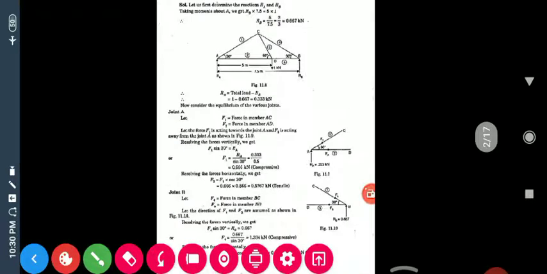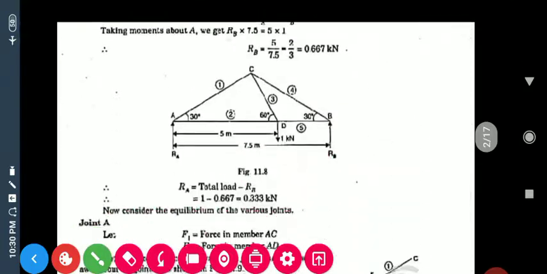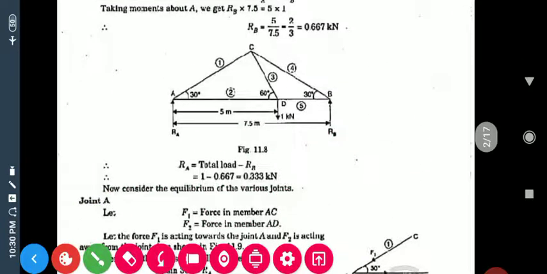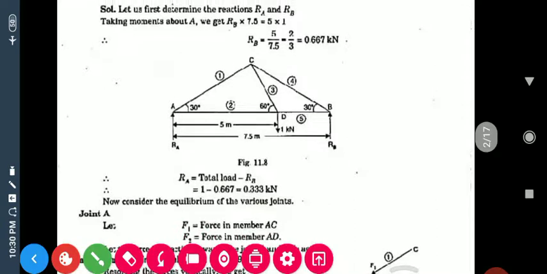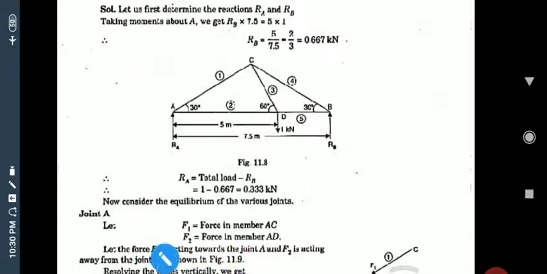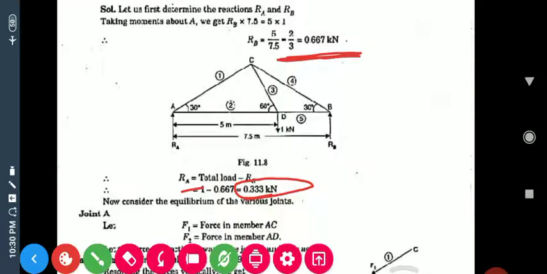So now this is the similar solved question, for which I have arranged a PDF of that solution from the standard textbook. So we can already see that here RB is 0.667 kilonewton as we have obtained in the solution, and RA is 0.333 kilonewton. So there is no problem with that.